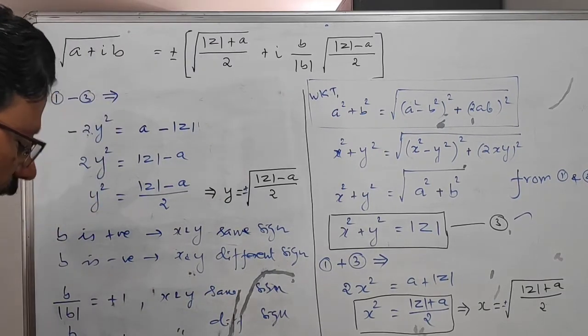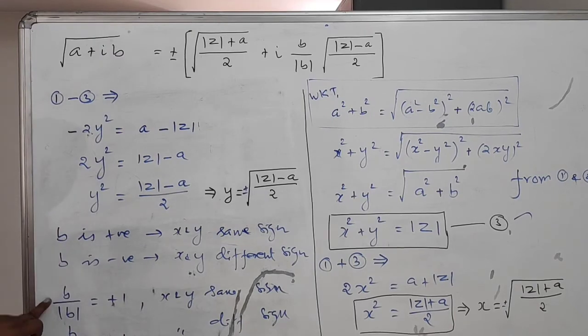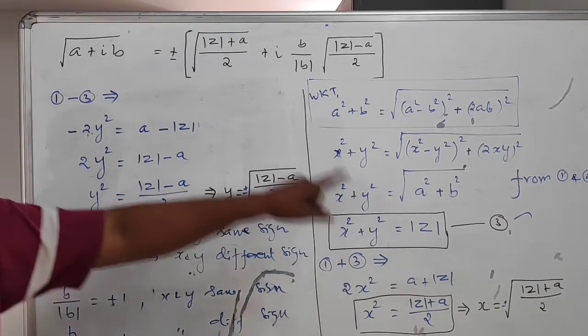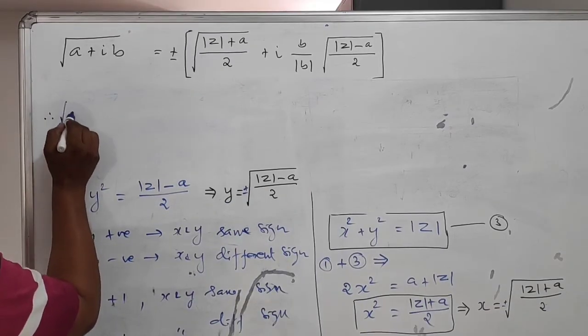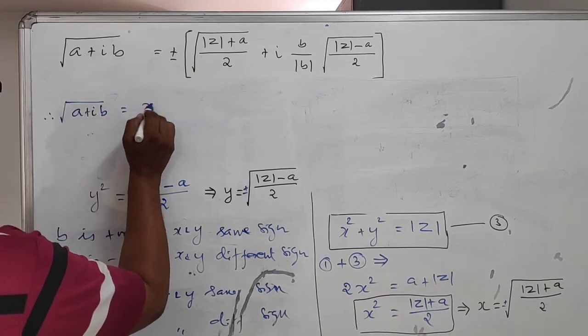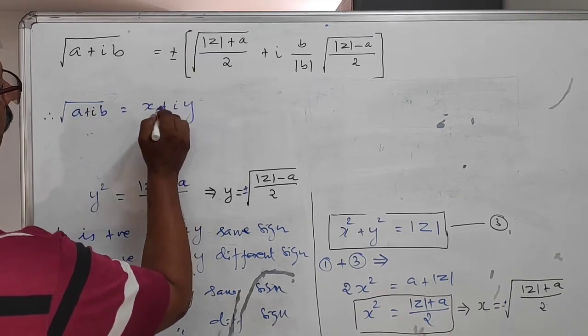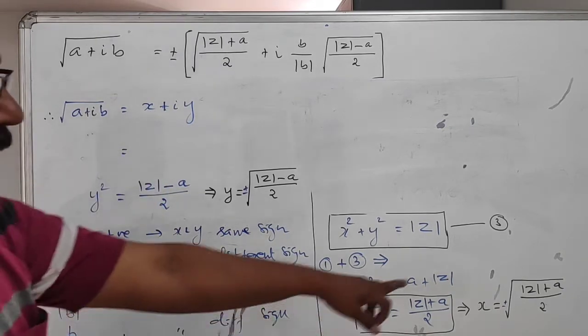First, after writing these things, we can write the formula with the help of these values of x and y. Therefore, square root of a plus ib is equal to x plus iy. What is the value of x here?